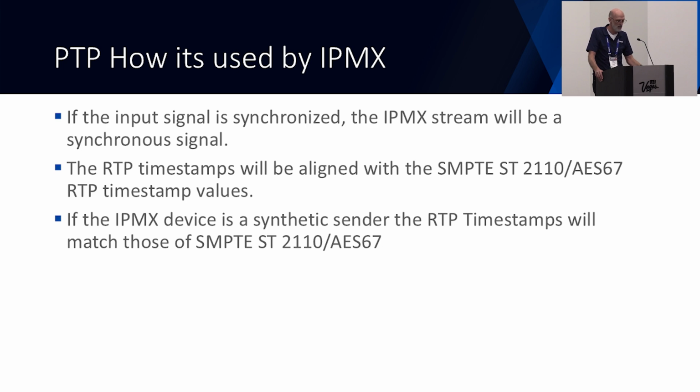What's interesting to see also is that if we have what's called a synthetic sender, for example, a piece of software reading a file from the hard drive, generating video frames, and outputting them on the network. If I'm locked to PTP, my notion of time is going to be exactly the same as anything PTP and anything that is 2110.